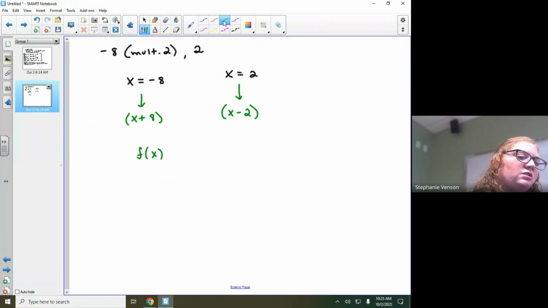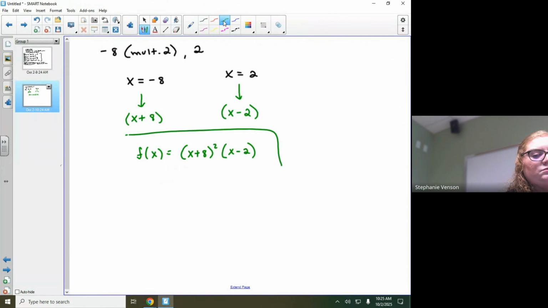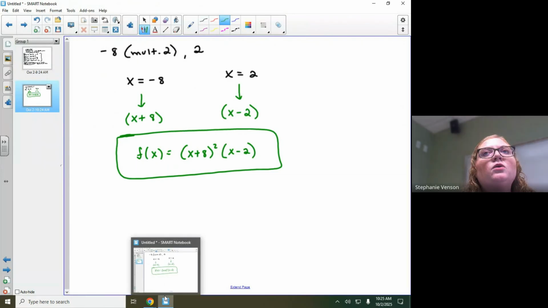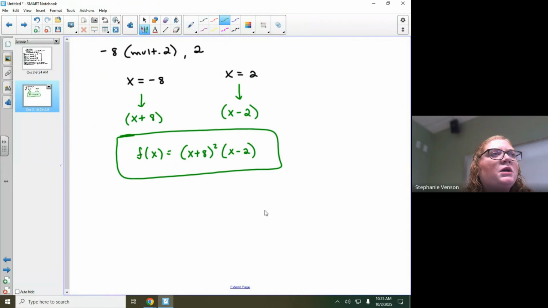So your function, f of x, would just be x plus 8 squared and x minus 2. Yeah, great question, because they could totally throw you one like that with multiplicity, but it just becomes the power on the factor. Does that make sense to everybody?